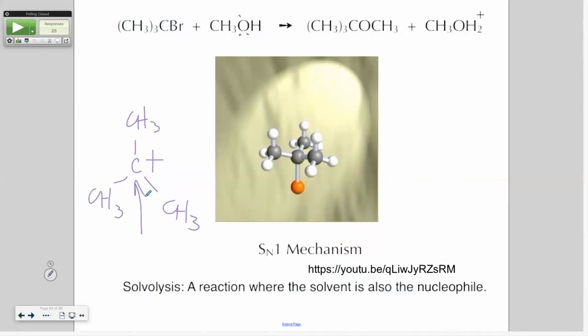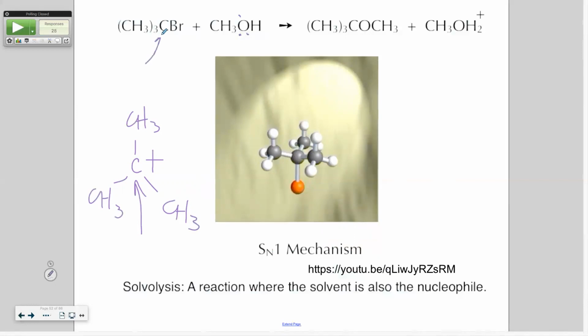Trigonal planar. So your molecule has those bulky methyl groups blocking the reactive carbon. So the nucleophile doesn't just come in and do a backside attack because they're in the way. So instead the bromide leaves, it flattens out, and then your nucleophile can come in and make it sp3 hybridized again.